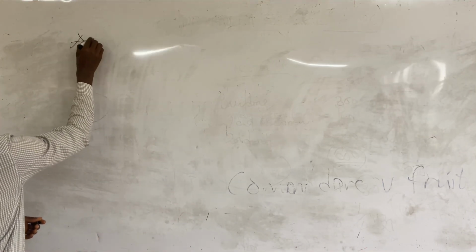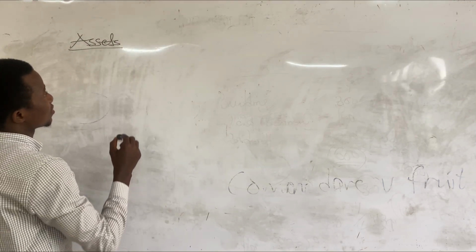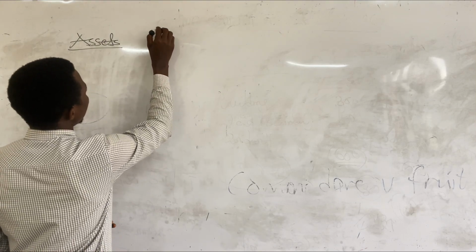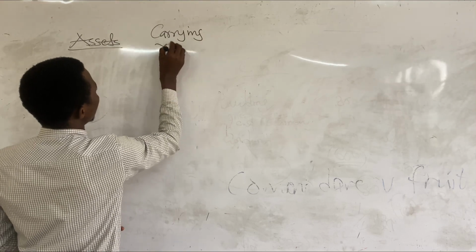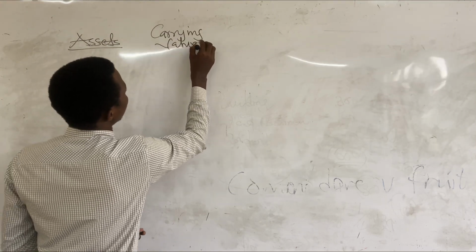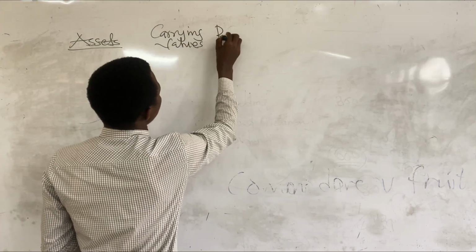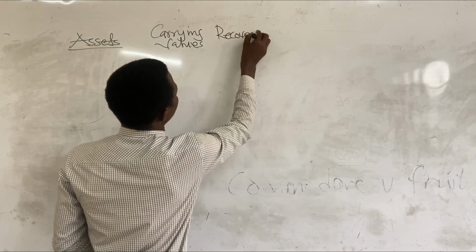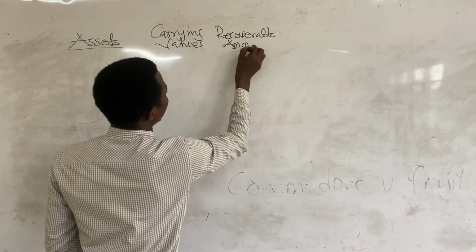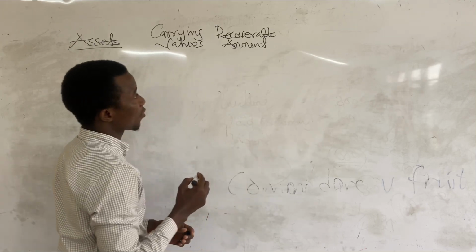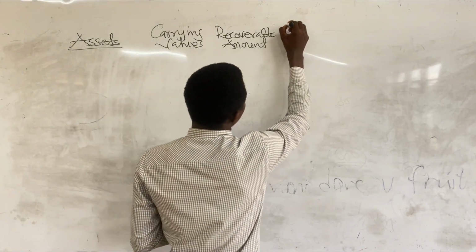We have different assets, then we look at their carrying values. After the carrying value, then we consider the recoverable amount. After the recoverable amount, what we need is the impairment loss.